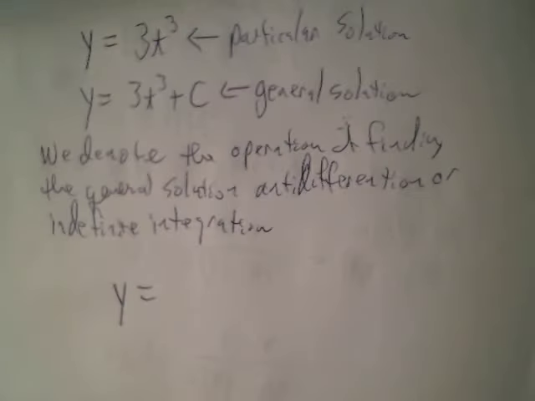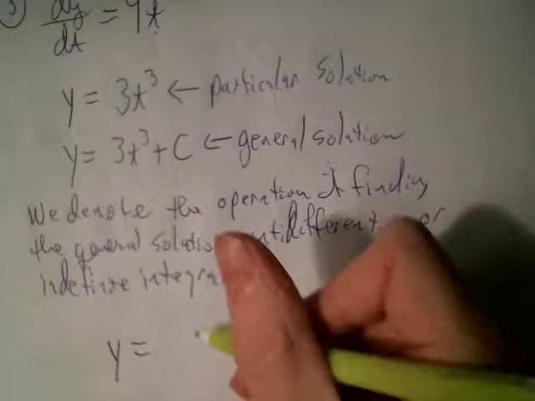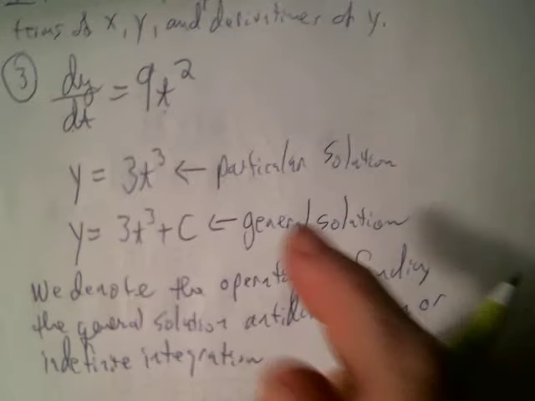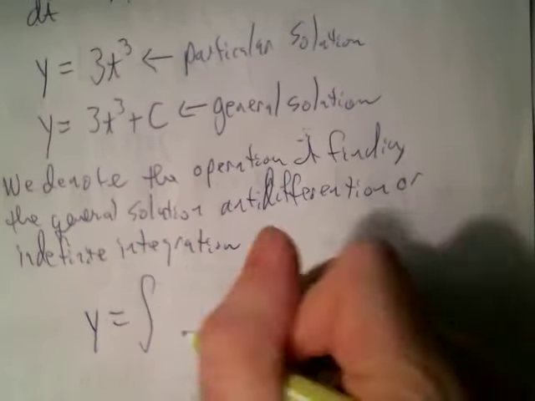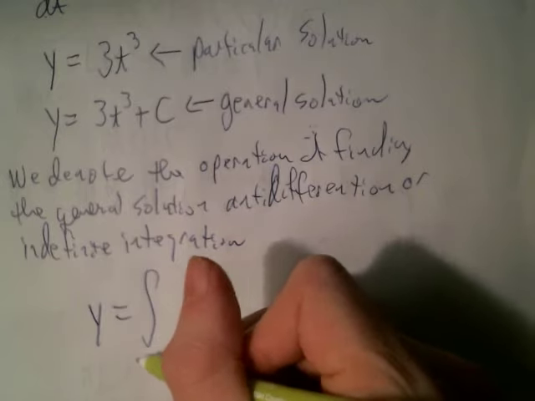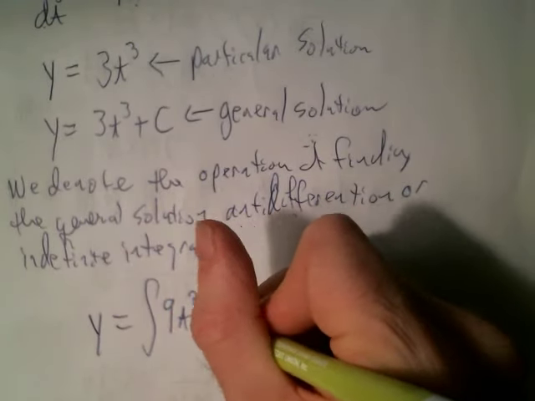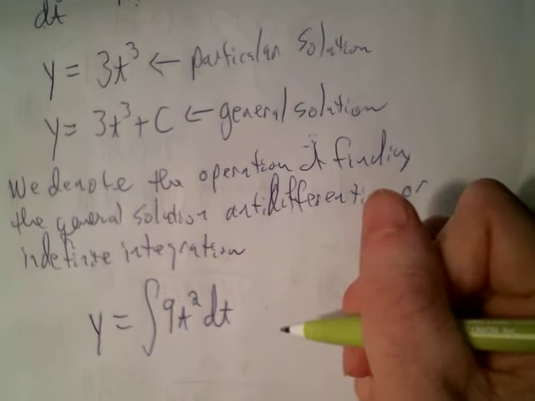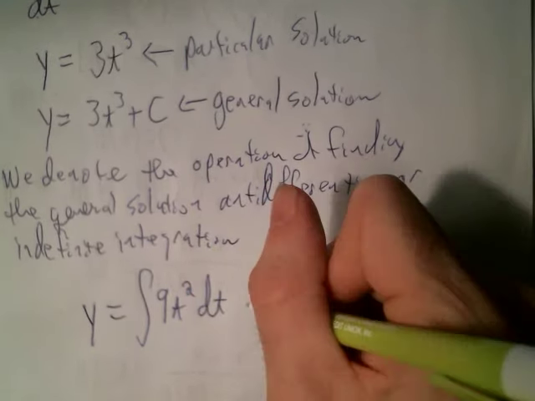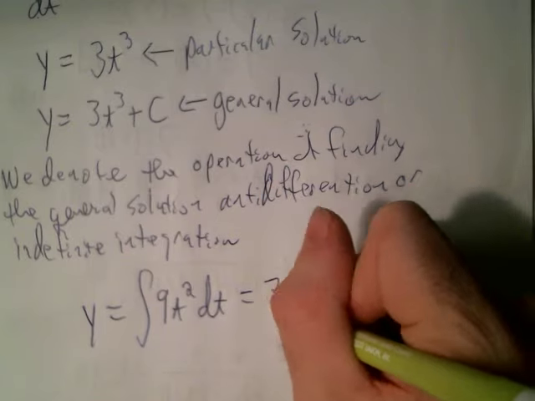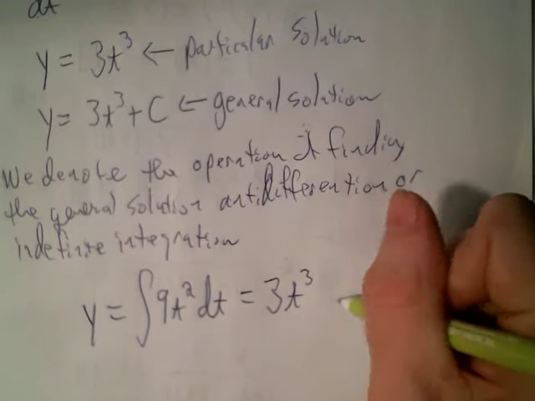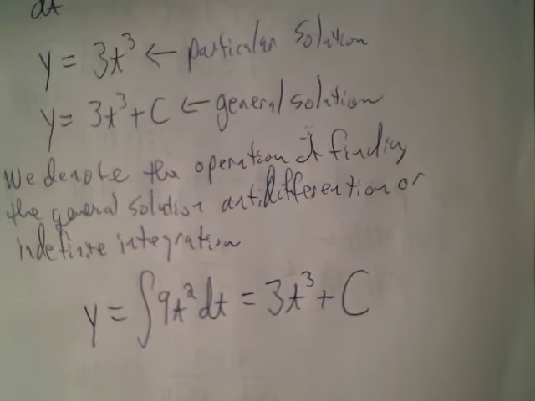So y, in this case, equals the integral of this thing right here. So the integral symbol is this curly kind of S symbol. And then we have the 9t squared, and then we remind ourselves it's with respect to t. Right? And then the antiderivative, a particular antiderivative is 3t cubed, but then the general solution is 3t cubed plus c.